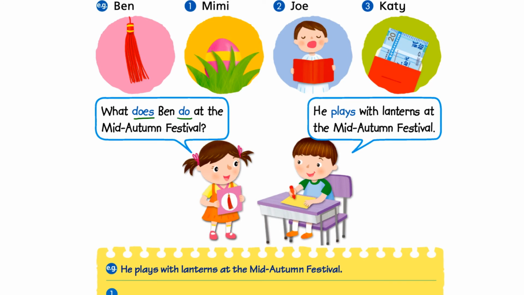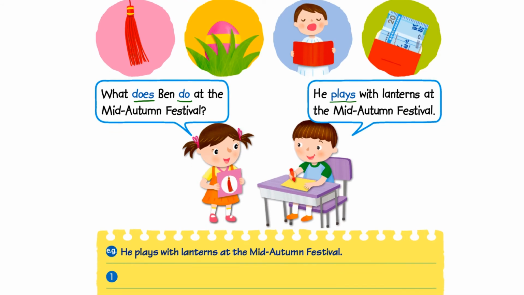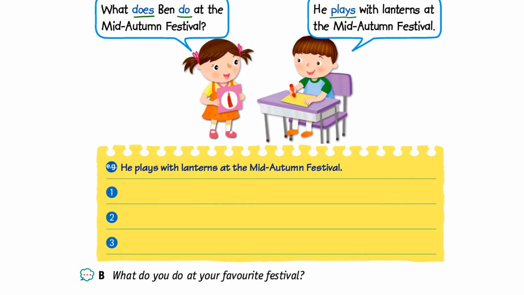In the answer, we say he plays. The subject is he. Remember to add s to the verb. So the answer for the example is like this. He plays with lanterns at the Mid-Autumn Festival.